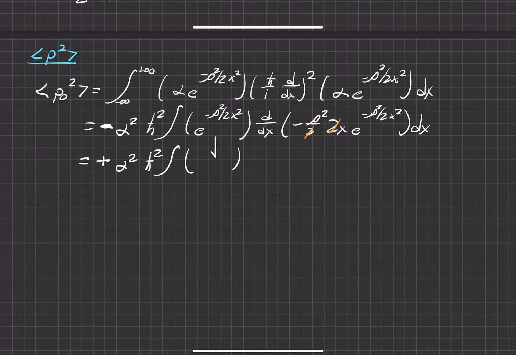I'm just going to bump this down since we're concentrating on derivatives. And now we're going to apply the first derivative to the derivative that we already performed. So now we're going to have to do some product rule since both have x in them. So we'll do x times the derivative inside again.